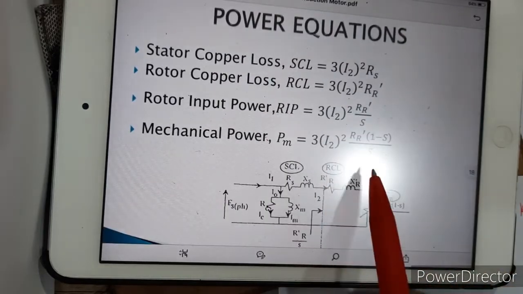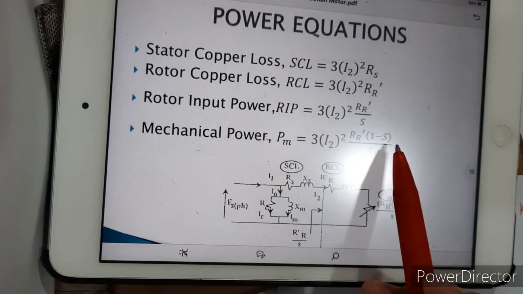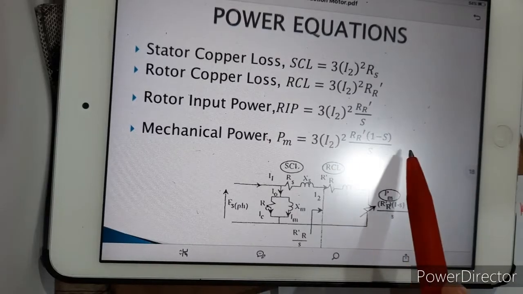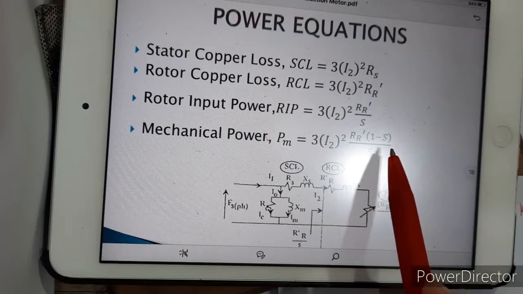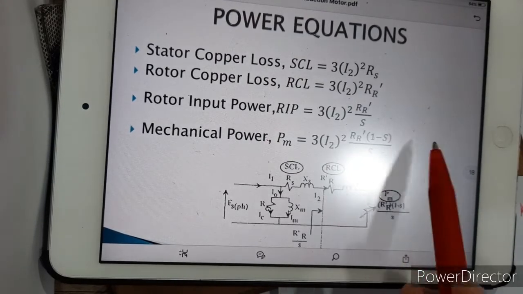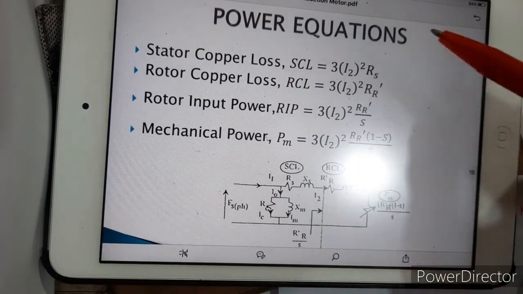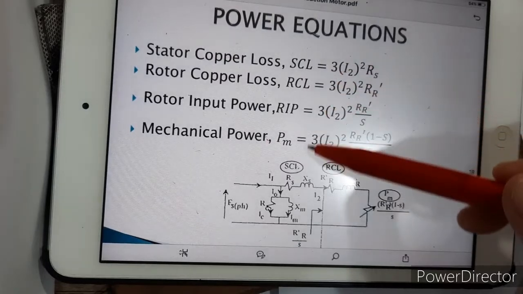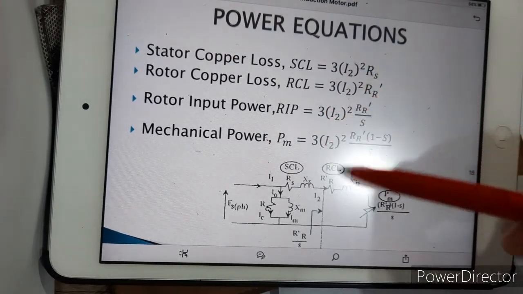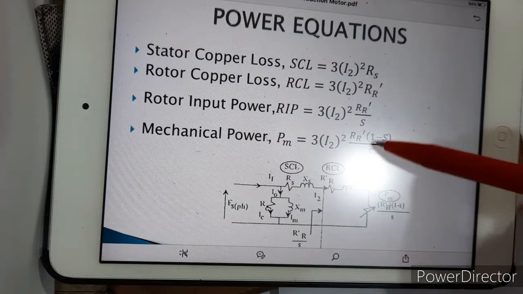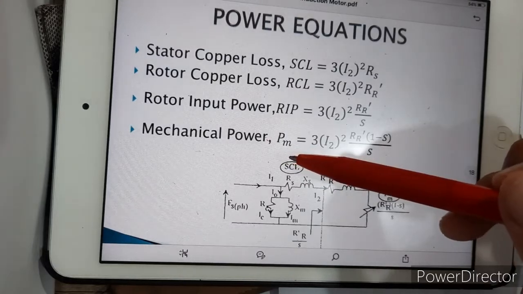And then for the mechanical power, there is a derivation, but in our case we just apply the formula. As you can notice here, all of these are 3 I2 squared, multiplied by the respective resistor, and then we can get the power.